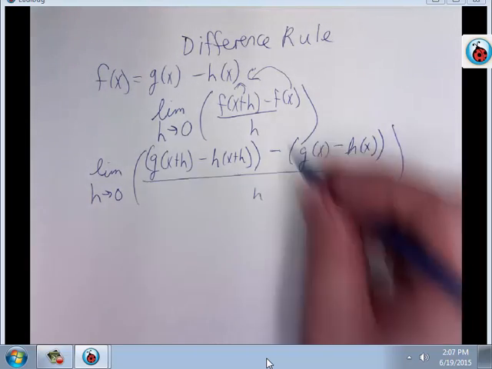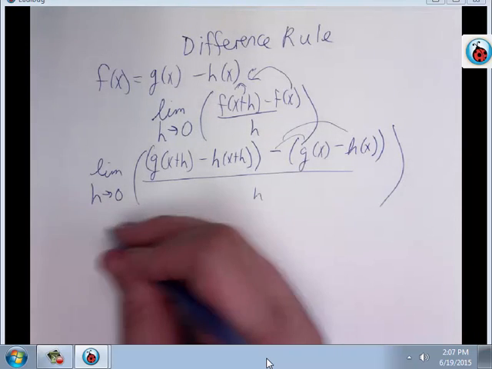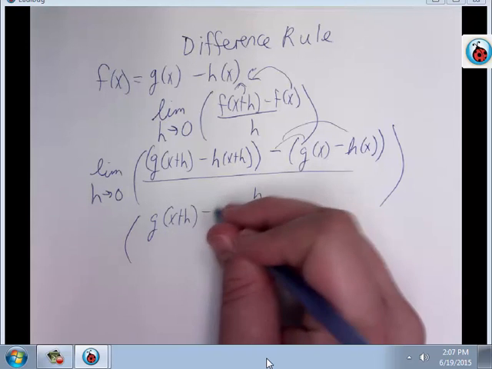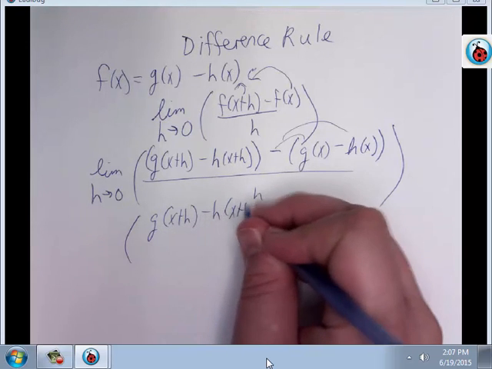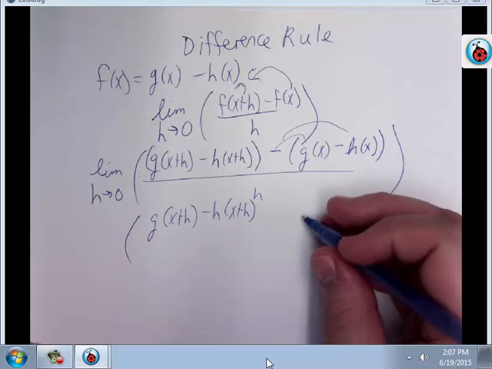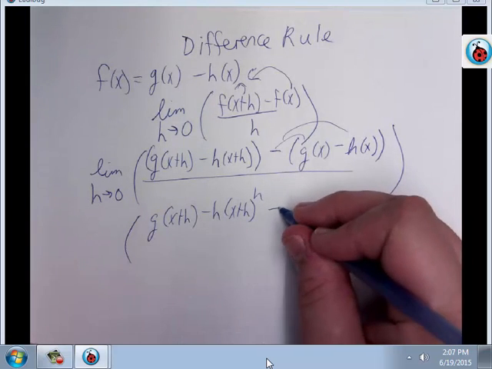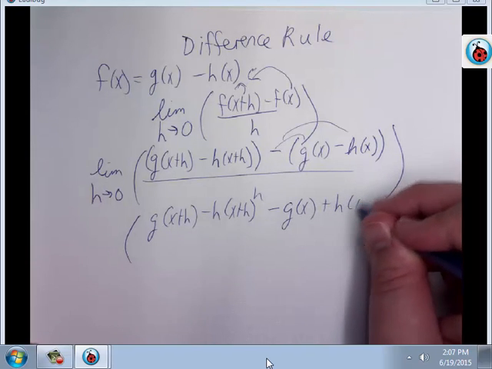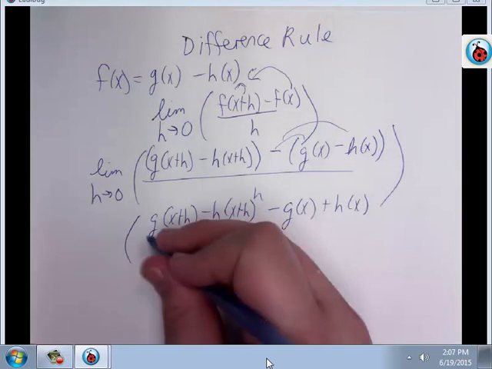Well, just like before, I'm going to distribute that negative sign, but this time I'm going to end up with minus g of x plus h of x all over h.